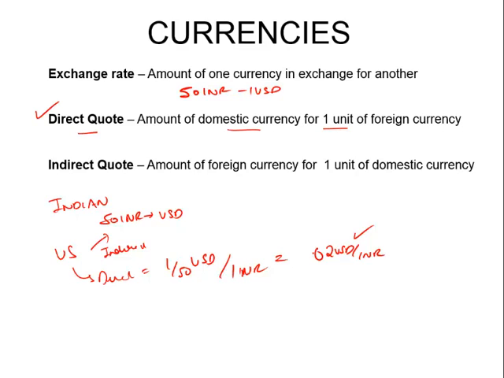So direct is the amount of domestic currency for 1 unit of the foreign currency. Now, just like we have forwards and futures on stocks and bonds as we saw, we can have forwards on currencies. So let's say the spot currency rate is 0.02 USD per INR. I will be traveling 6 months later and I will need some US dollars.